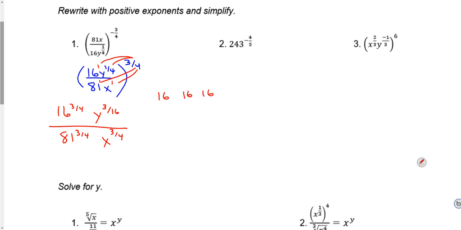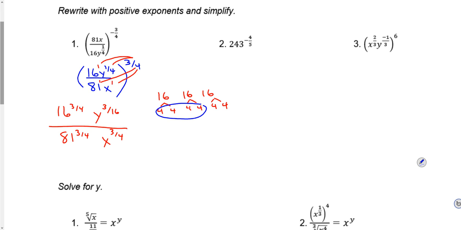So what times what gives me 16? Oh, I like that one, because watch this. If I do them as 4s, don't these all have 4s? Right? And we want them in groups of 4. So right away, I can take these out. So that 16 is going to turn into a 4.